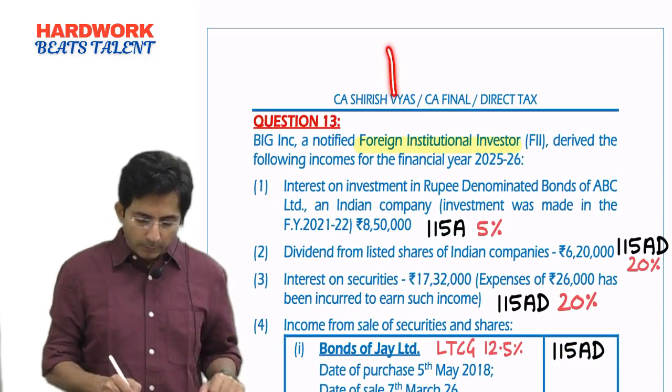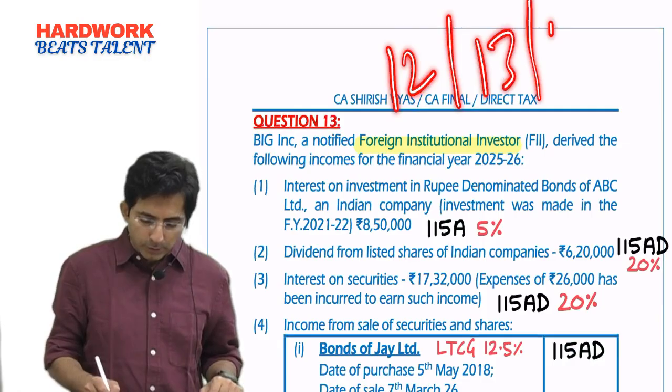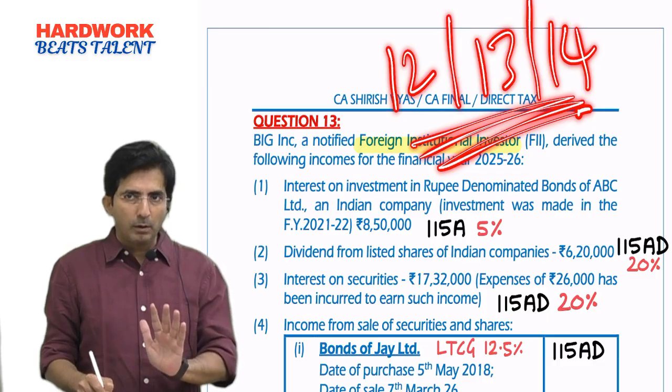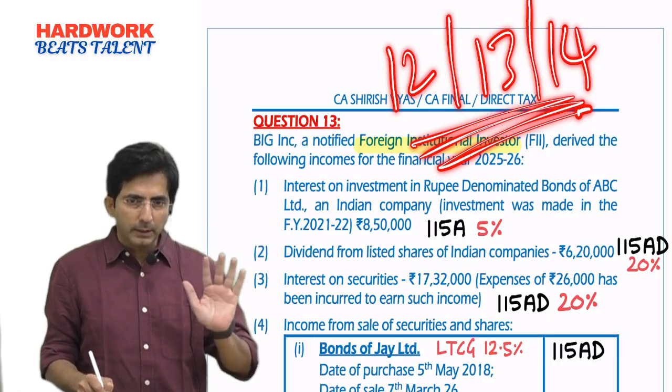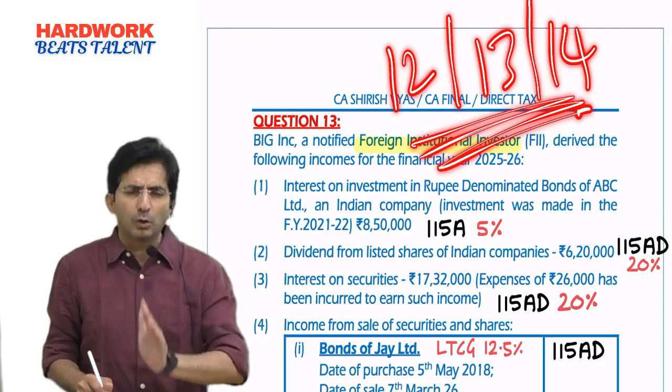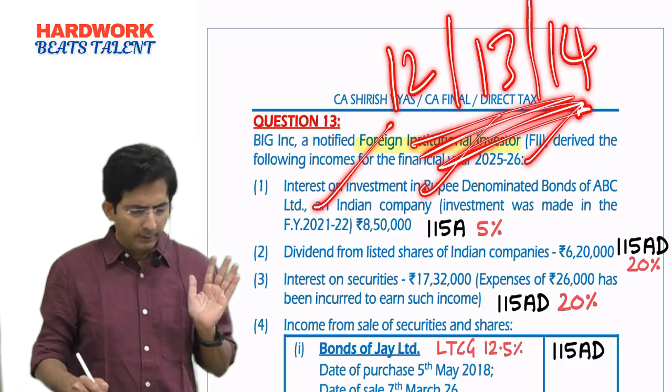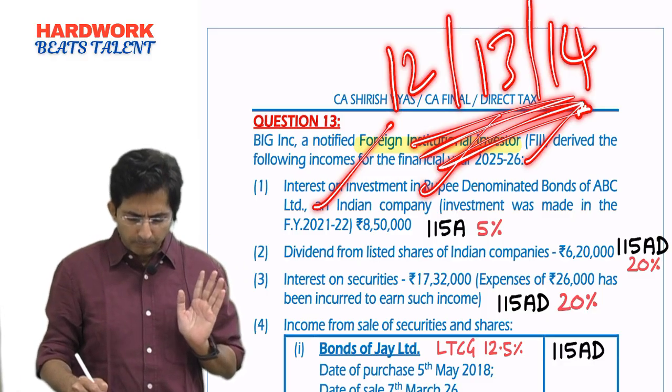See, 12, 13, 14, these three are very important questions. And you know why I'm reluctant to assign this homework? Because I want all your previous theory of NR taxation to be so thorough that these 3 questions go very smoothly. Okay. Question 12, 13 and 14.